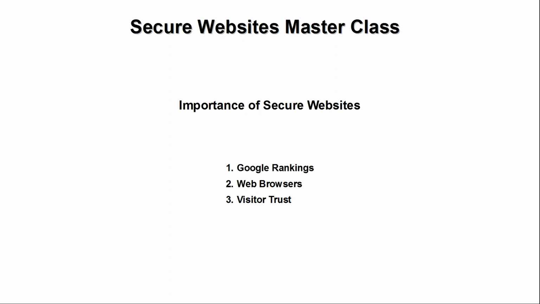If you just have a PayPal button on your website, or something like what I do on a lot of my websites, a JVZoo payment button, those purchases, even though they're originating on a site that is not secure, the actual purchase itself, the place where all of that personal or sensitive information is being entered, all of that is taking place on another website.